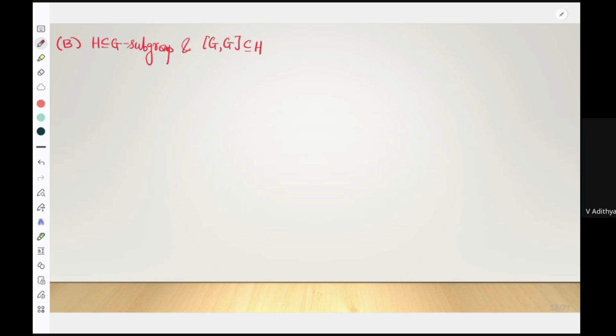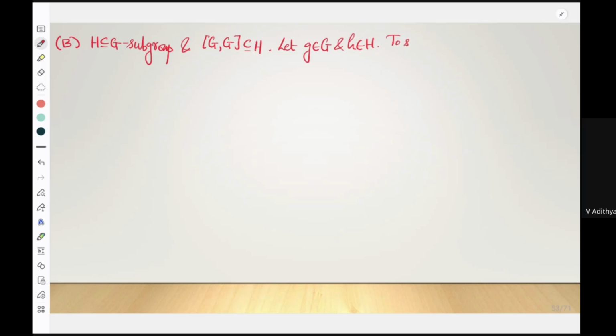Let g belong to G and h in H. What do we want to show? We want to check g h g inverse belongs to H.